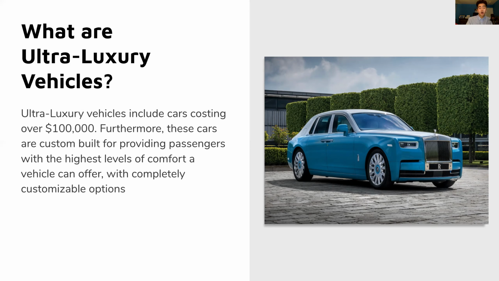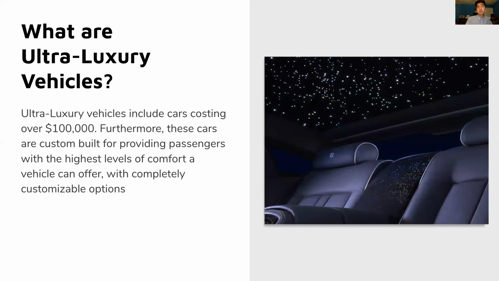And these cars are notorious for being completely custom made. For example, their famous Starlight headliners, which are completely handmade and sewn by their employees, and you have the option of getting customized constellations in your car.